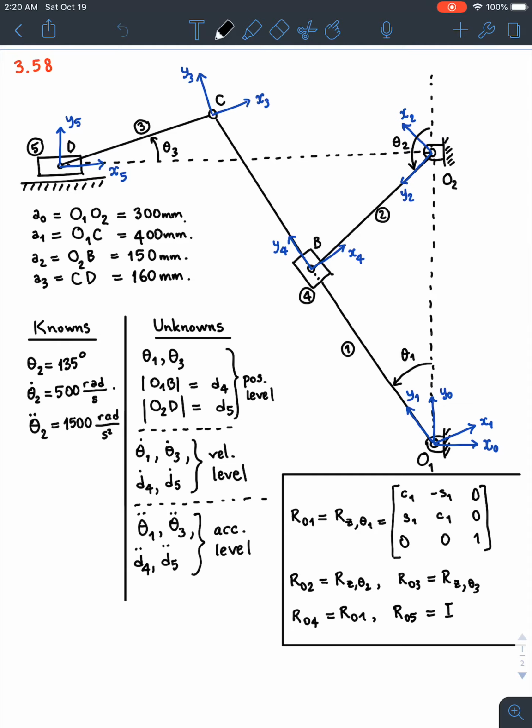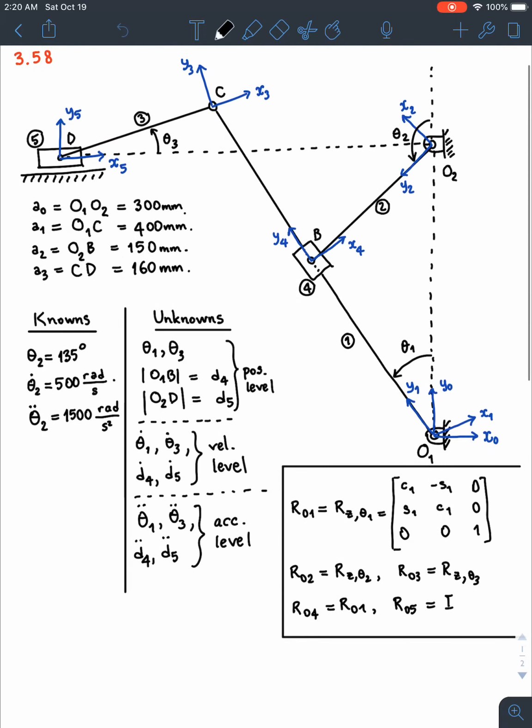And hopefully, after I'm done with writing, I will also append to this video the numerical calculation part, essentially the MATLAB part of solving this problem.